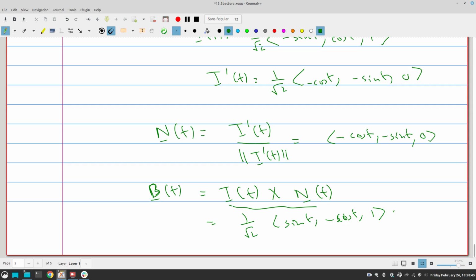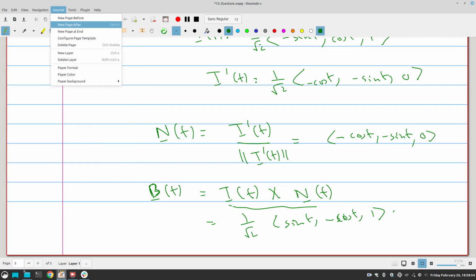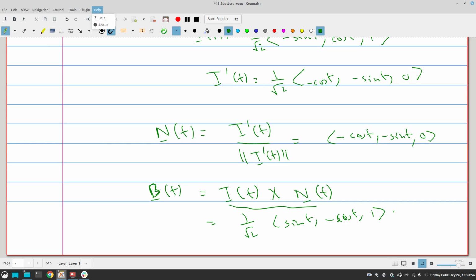Okay, so far we've looked at the TNB frame. We've looked at the three vectors: the tangent, the normal, and the binormal vectors. The binormal vector, of course, has magnitude 1, because remember, the binormal vector is defined as the tangent vector cross the normal vector, right?